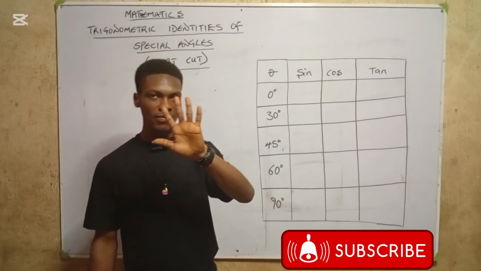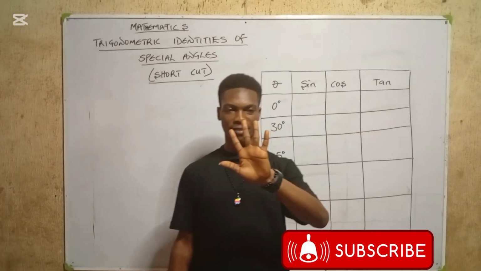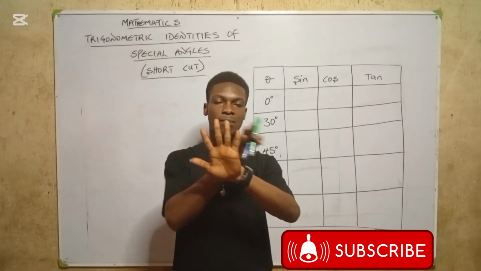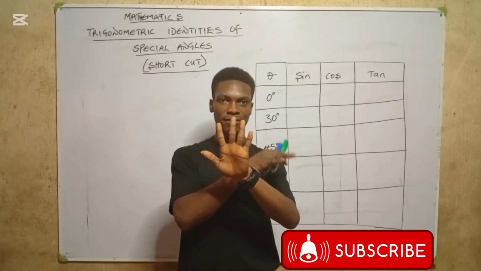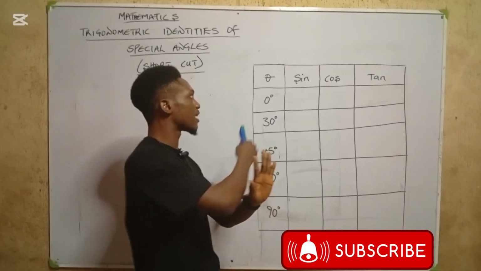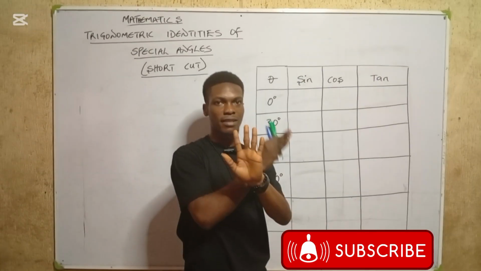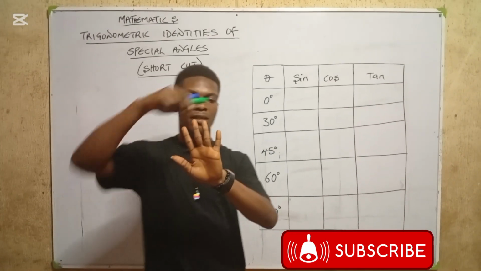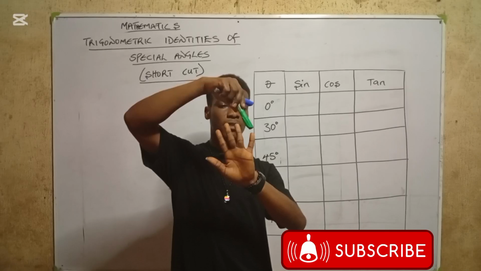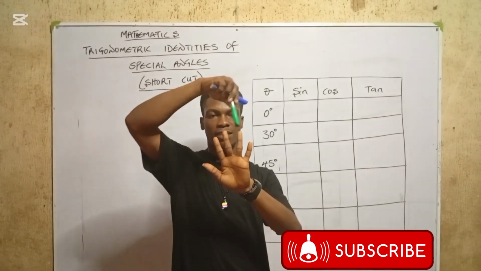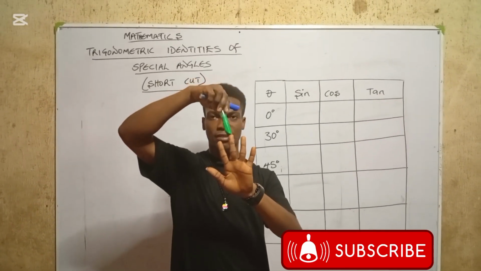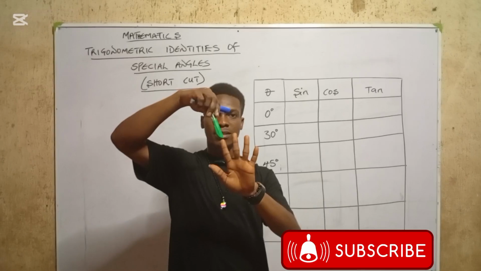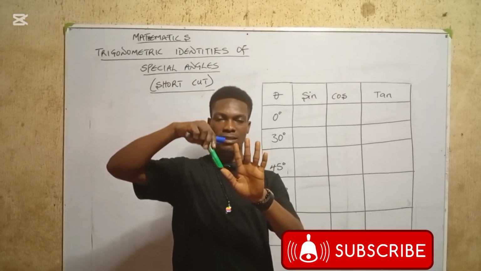Now, these are my fingers, 5 fingers. The left side of the finger will be for my sine, and the right part will be for my cos. Then starting from the short one, this will be my 0 degree, 30 degrees, 45 degrees, 60 degrees, and 90 degrees.